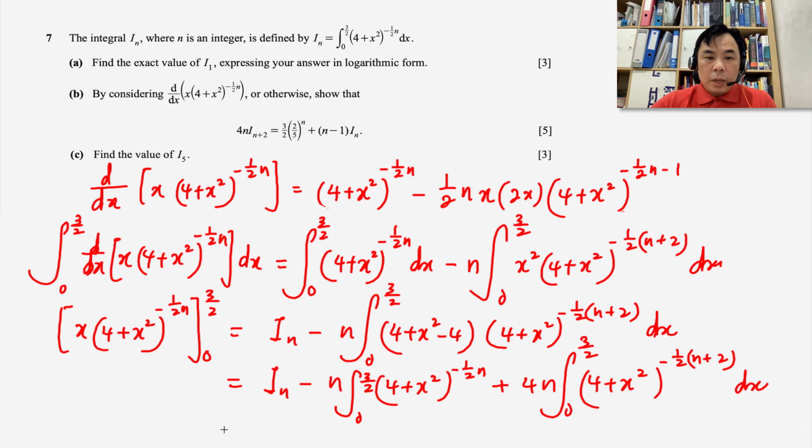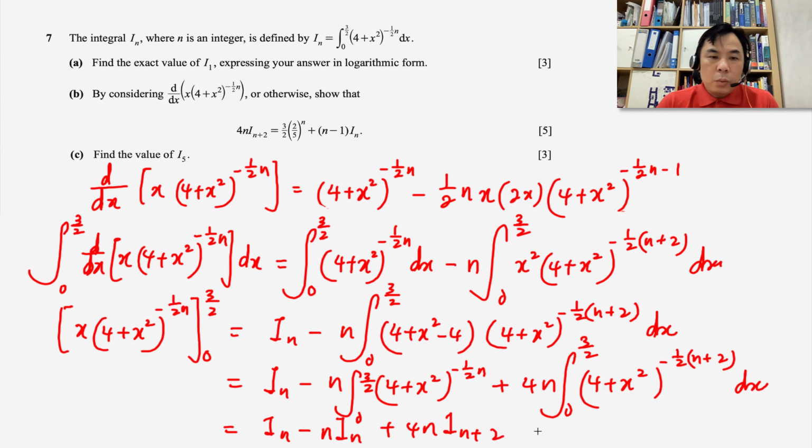And then that would basically give me I_n minus of I_n. This is also I_n. And then finally this part here becomes 4 I_n. This is I_n plus a 2.